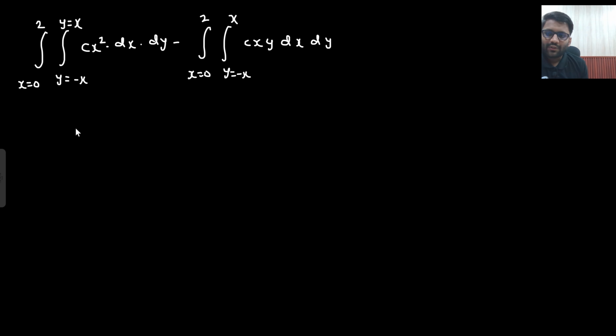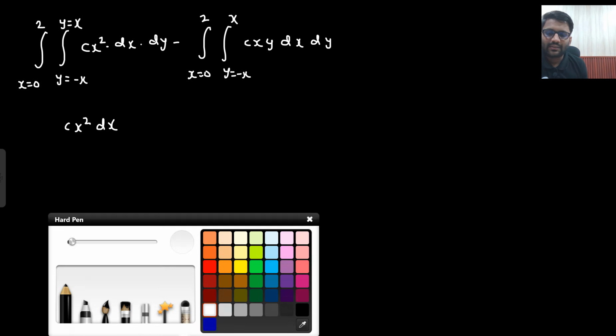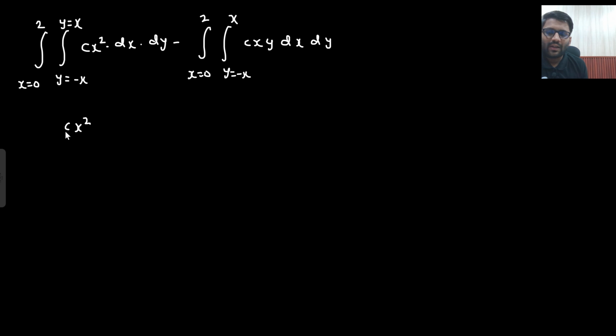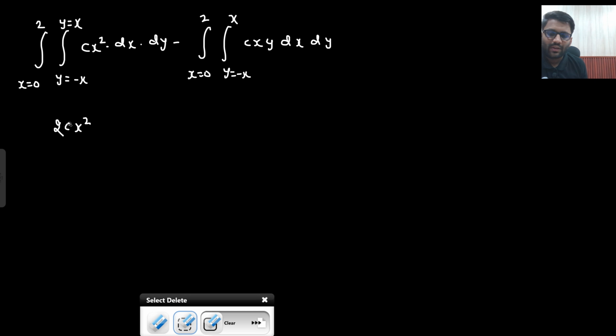If I solve the integration of y here, cx square dx will come outward. The integration of dy will be y, and plus x minus minus x becomes 2x.